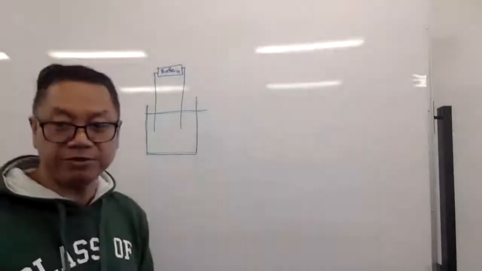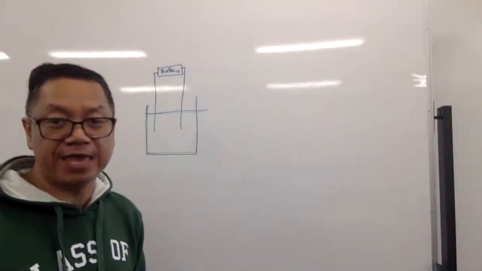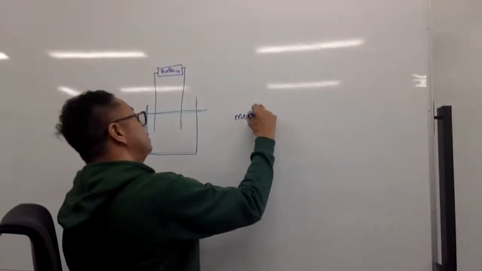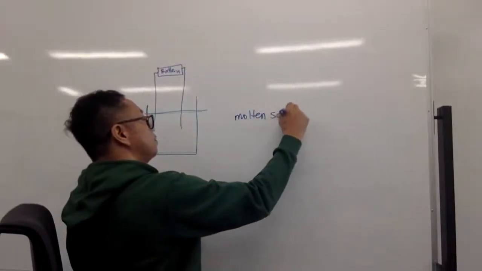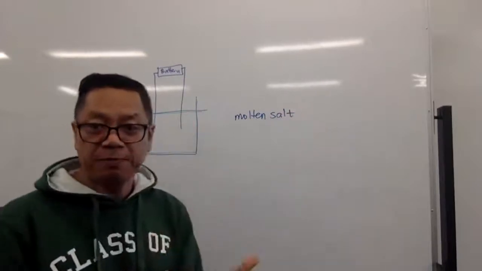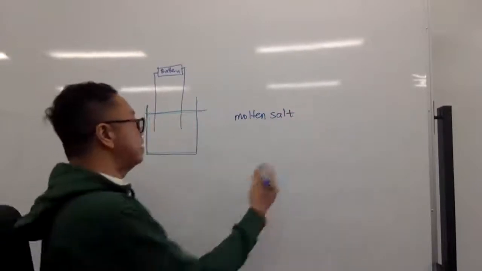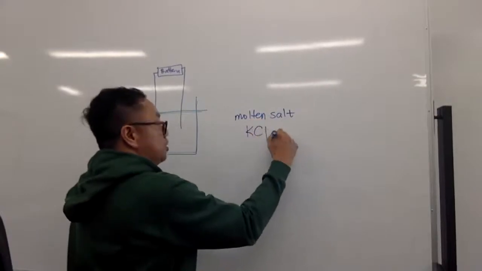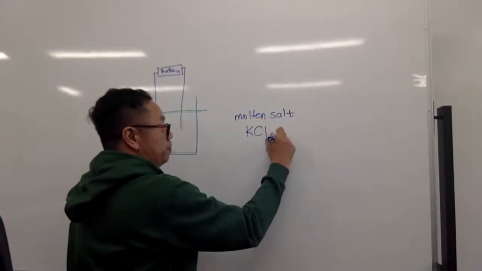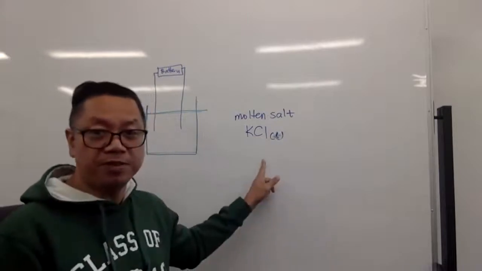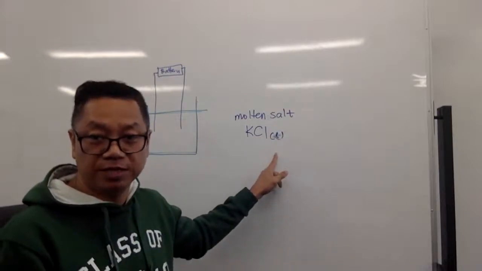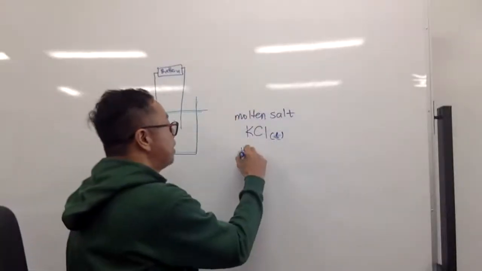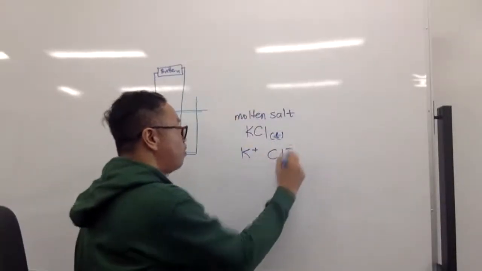Now, the idea here is that if I have, let's say, a molten salt. For example, what is my molten salt? Let's say KCl, which is actually liquid. Remember that when a salt is molten, what you have inside will be K plus and chloride.